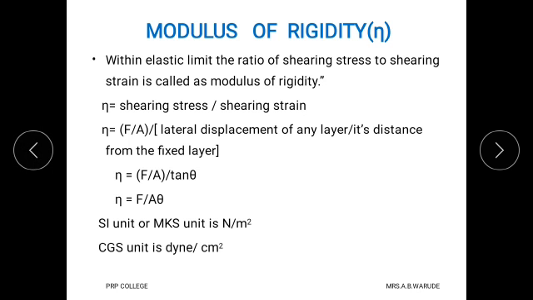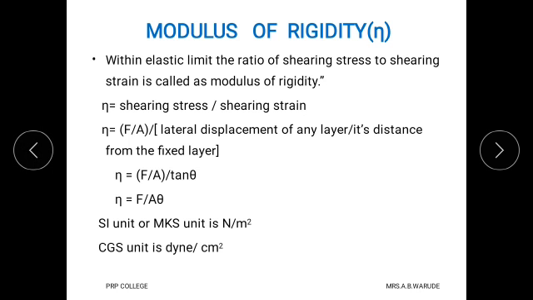Therefore, we write the definition: within elastic limit, the ratio of shearing stress to shearing strain is called modulus of rigidity.